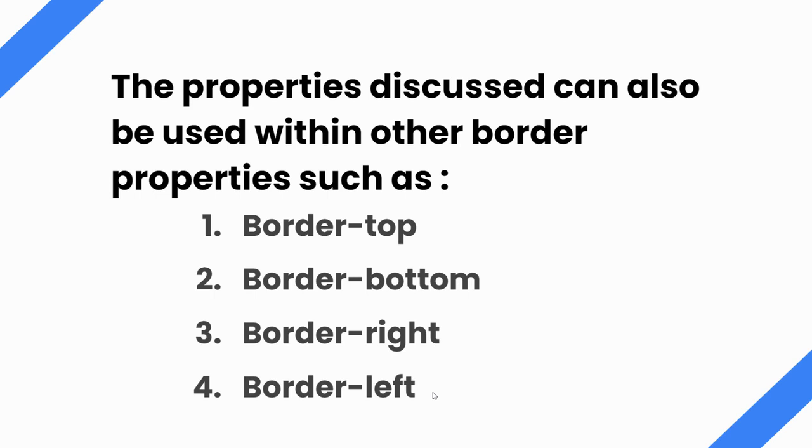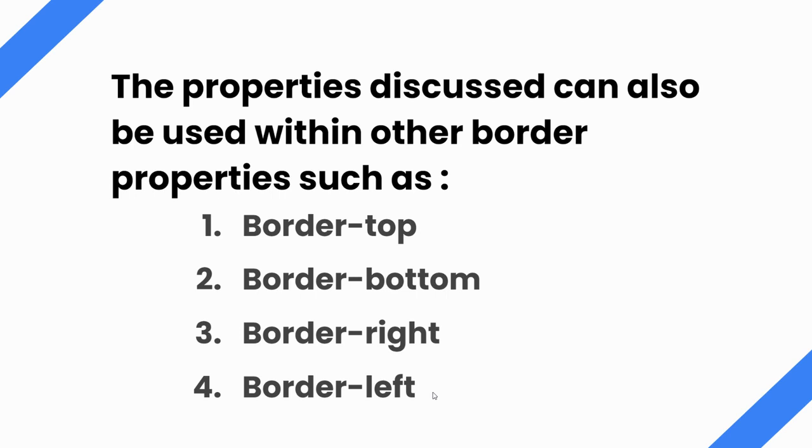So by that I mean under the border width, you are going to have the border top, bottom, right, and left. Then under the border style, you would also have the border top, bottom, right, and left. And lastly, under the border color, you would have the border top, bottom, right, and left. So that basically means you would have properties like border top color, border bottom color, border right color, border left color.